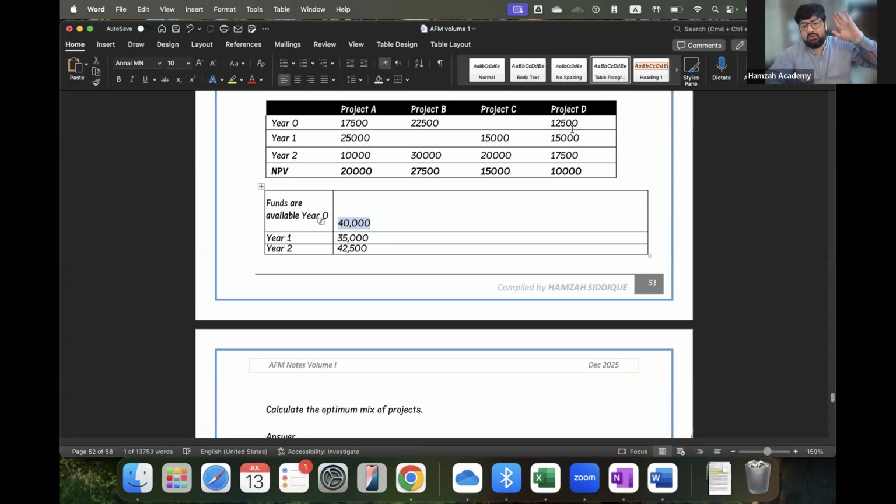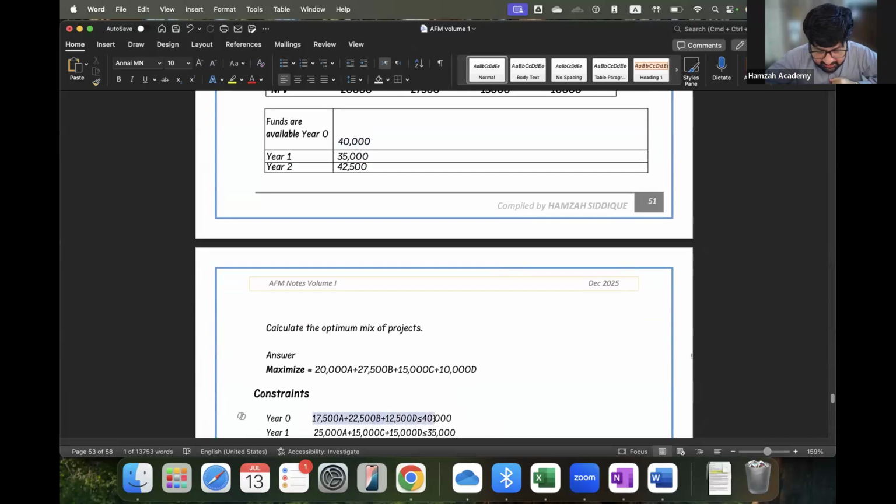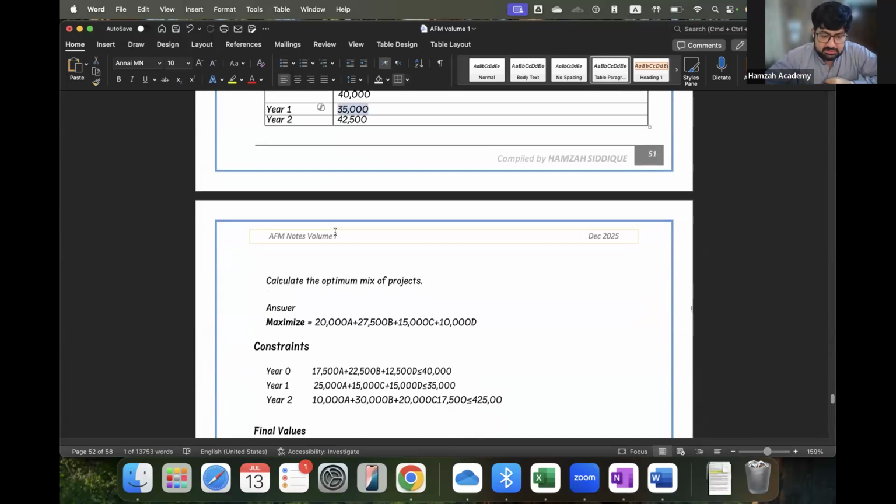Year 0, the sum should be less than or equal to 40,000. In year 1, 25,000 of A, 15,000 of C, 15,000 of D. Their sum should be equal to or less than 35,000.